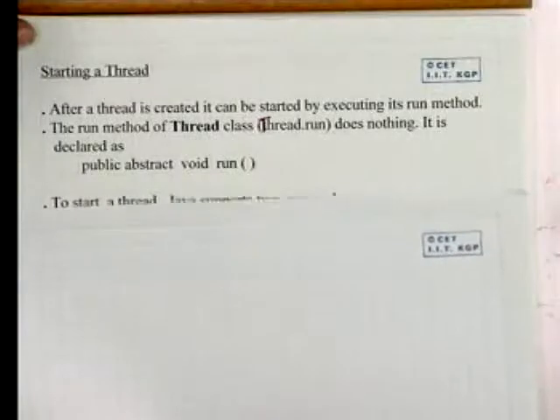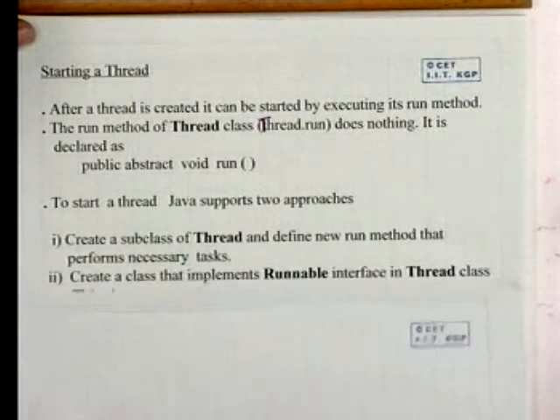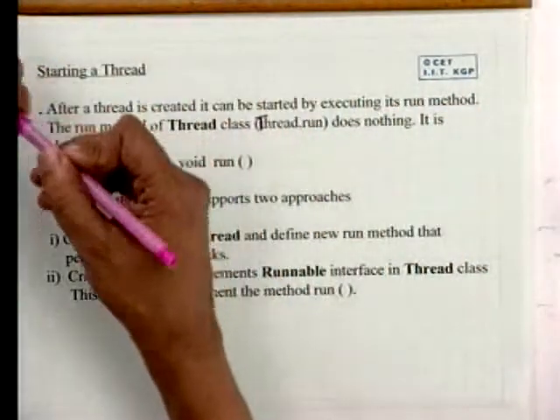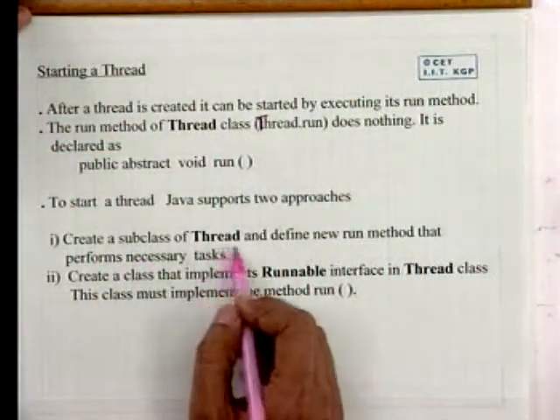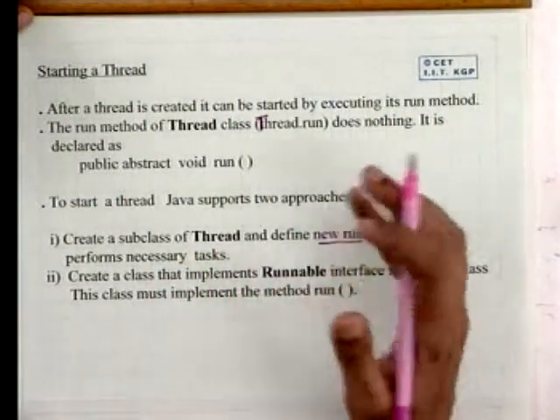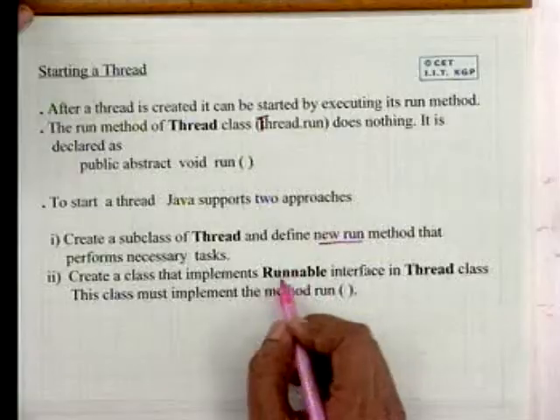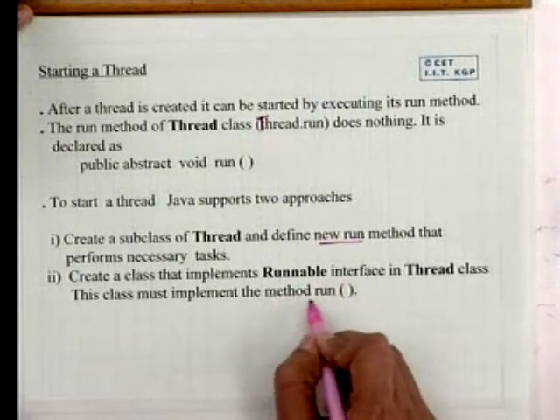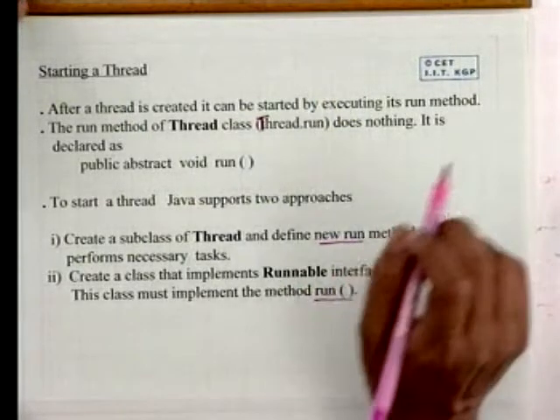So what are the two ways to start a thread? Java supports two approaches: create a subclass of Thread and define a new run method that performs the necessary task. So for a particular type of thread, if you want to do something specific, write the run method accordingly. Alternately, create a class that implements the Runnable interface, and this class must implement the method run. We'll see both approaches in our subsequent discussion.